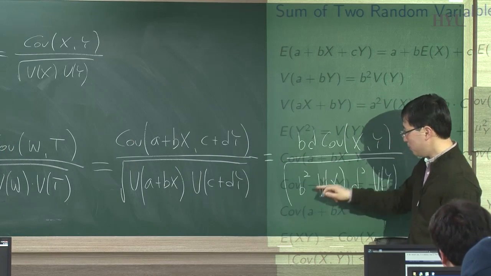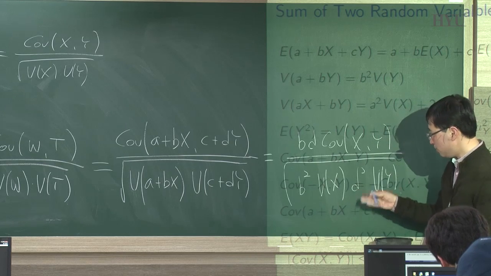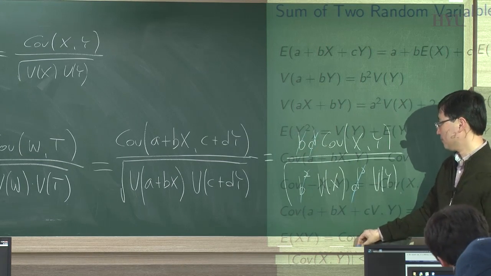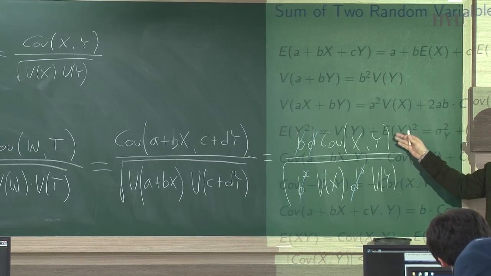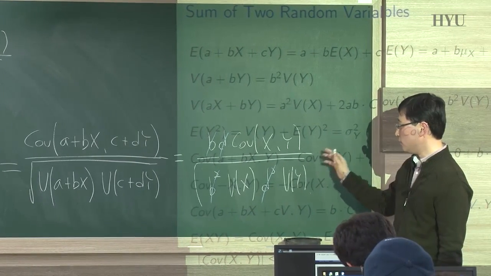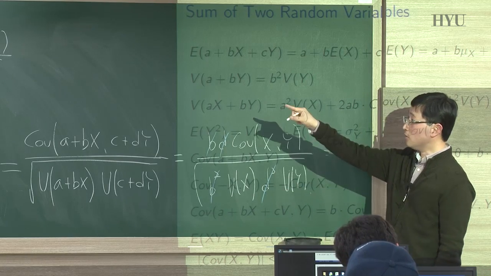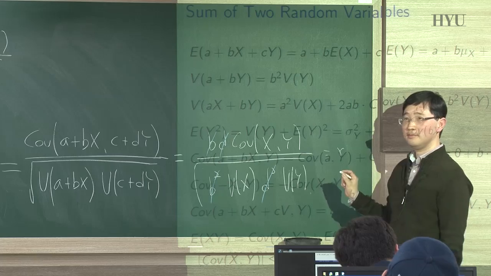Now, the square root of B squared is B, the square root of D squared is D, so they cancel out. It's the covariance of X and Y divided by the square root of variance of X times variance of Y, which is the definition of R. Okay?